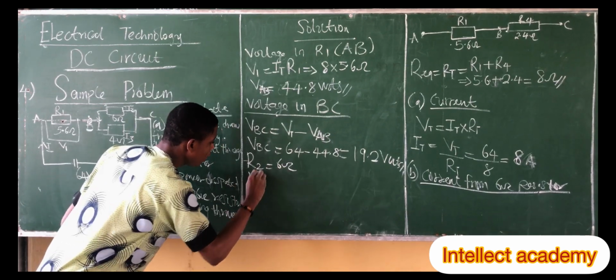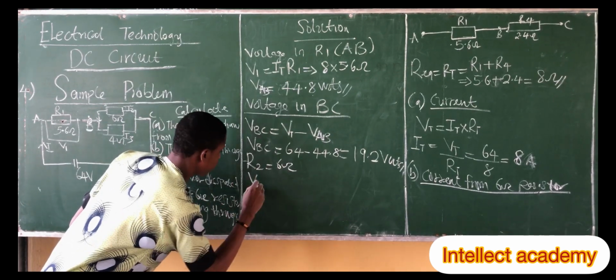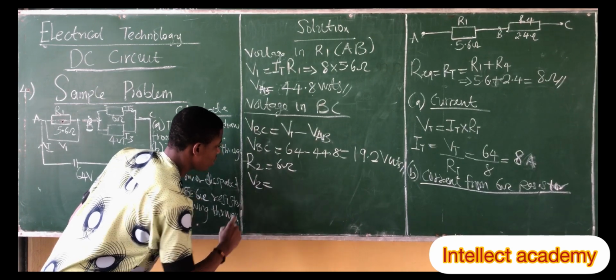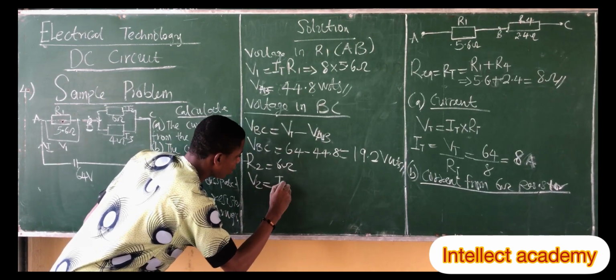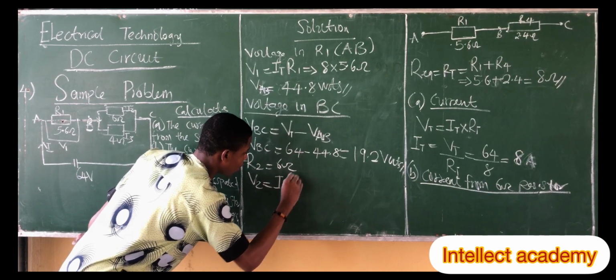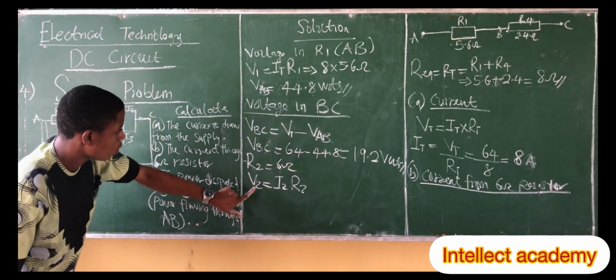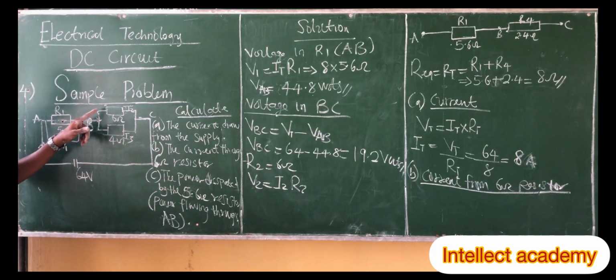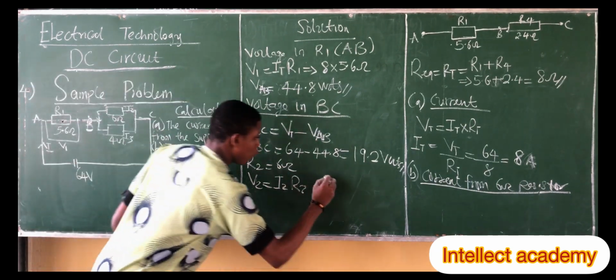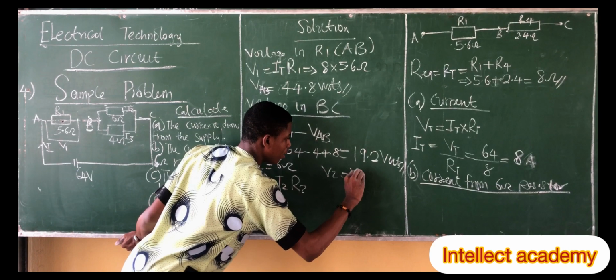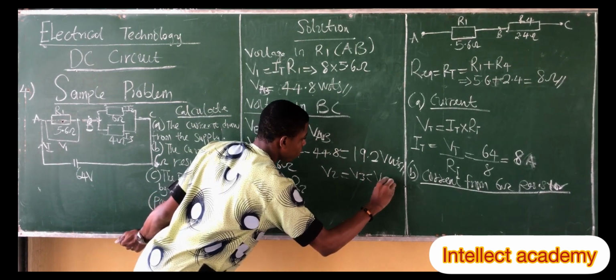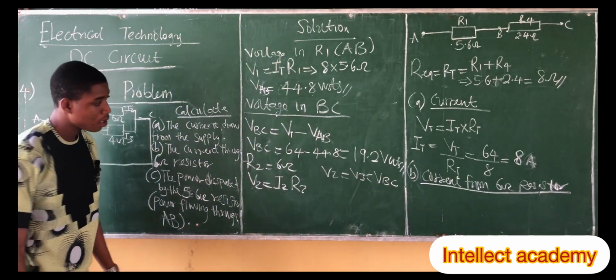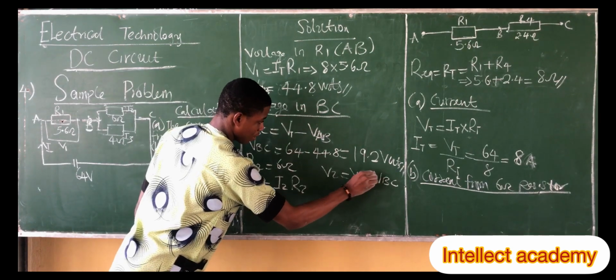So therefore V2, which is for the 6 ohms, is equal to I2 multiplied by R2. Now we said that the voltage in R2 and R1 is equal because it's a parallel circuit. So therefore V2 is equal to V3, which is also equal to VBC. Is that understandable? Do you understand?